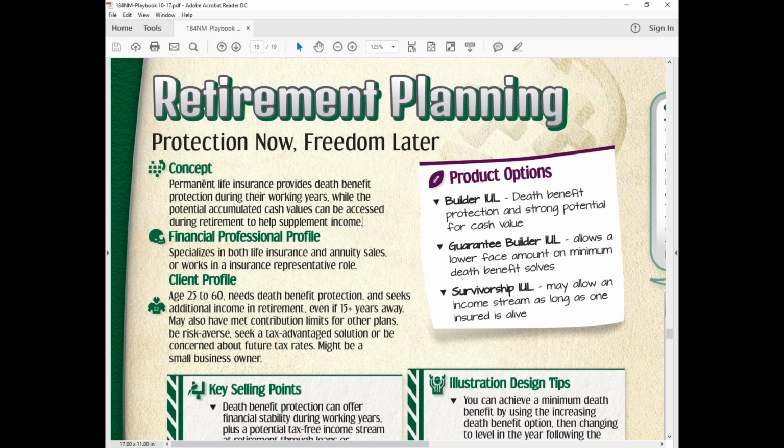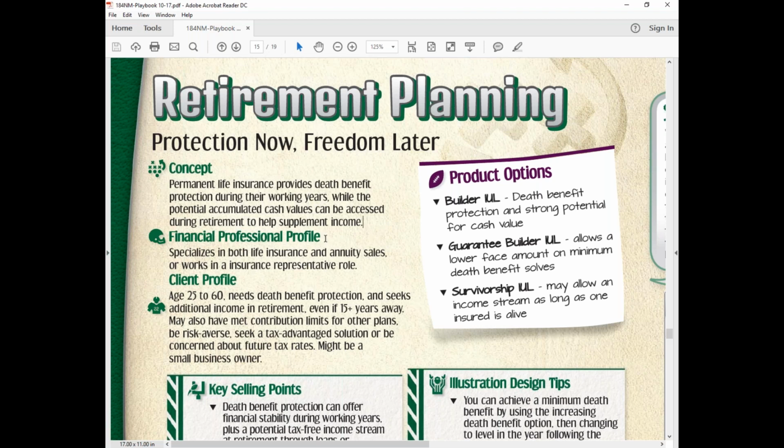Basically what we're trying to do is use permanent life insurance to provide death benefit protection during their working years while having the potential to accumulate cash value that can be accessed for retirement. That's really the goal. That's what we're trying to accomplish with this.